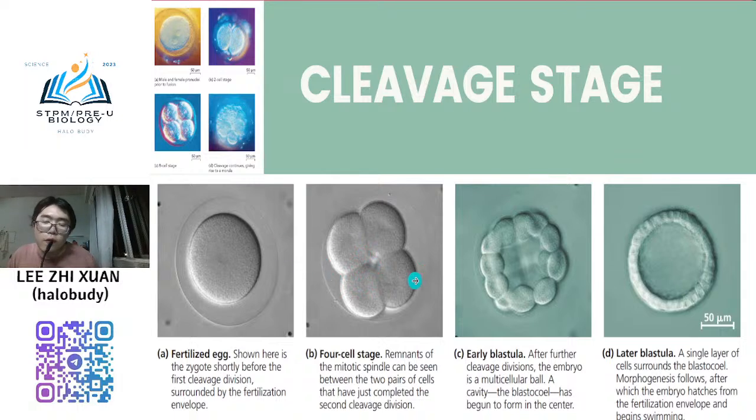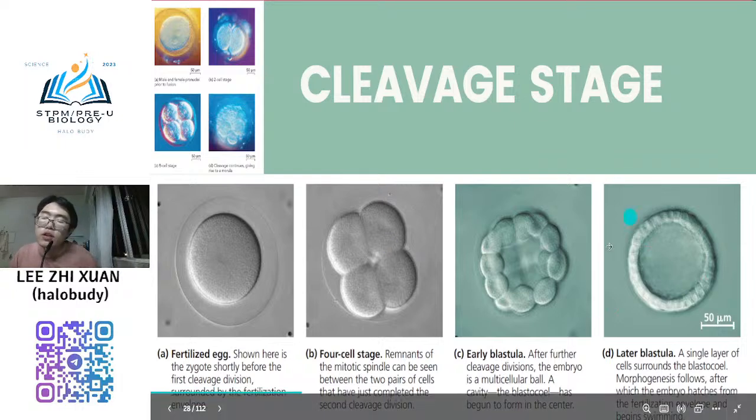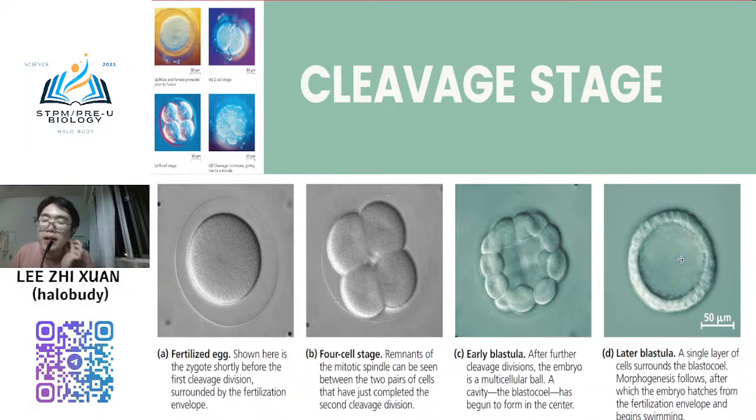Now it will go to 4 cells, then 8 cells, 16 cells, 32 cells, 64 cells. It keeps doubling the cell number until it reaches the blastula, or another name we call the blastocyst. It will form the blastocyst. So this is the final cleavage product in the cleavage stage, the blastocyst.